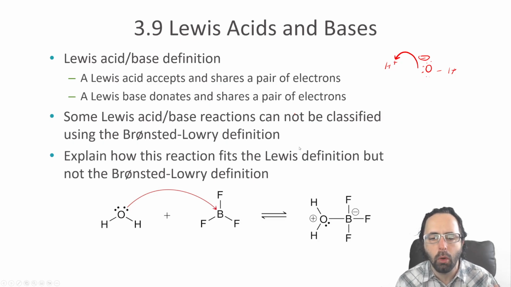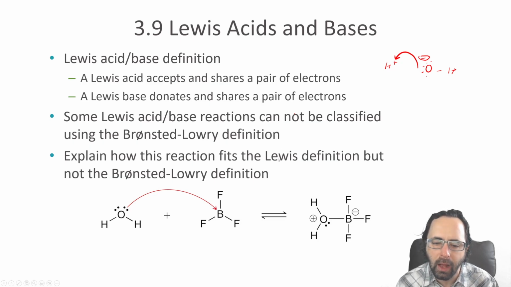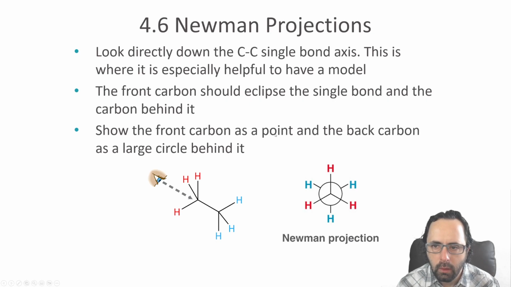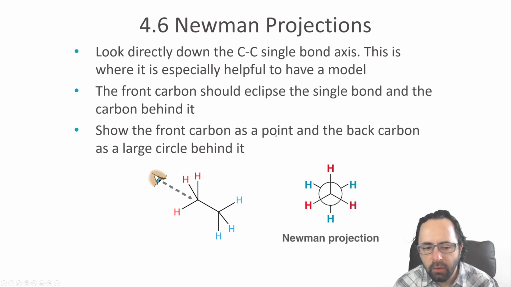So this is an even more broad definition of acids and bases that can encompass reactions that do not necessarily involve protons or hydroxide ions, but also includes that definition as well, the standard Bronsted-Lowry definition. Now, when it comes to hydrocarbons or alkanes, often perspective is very important.